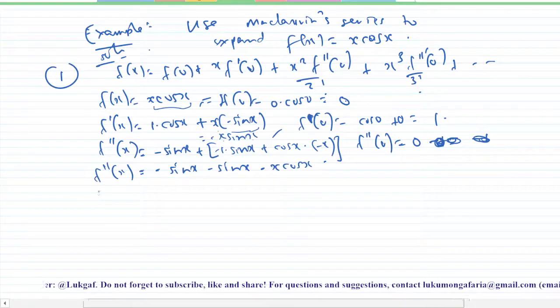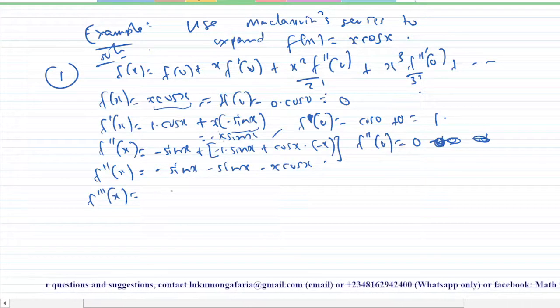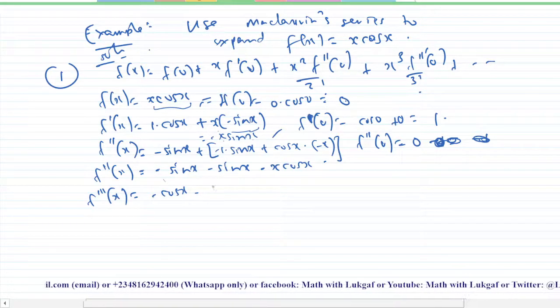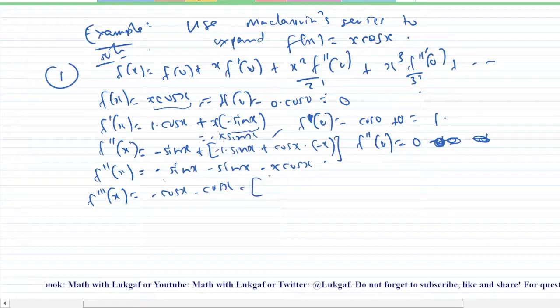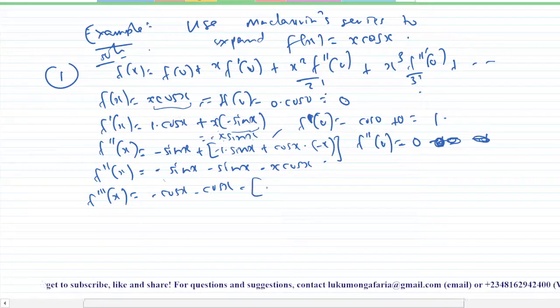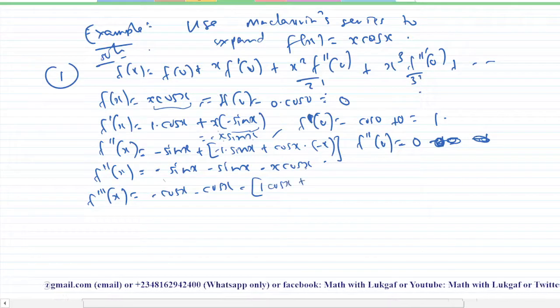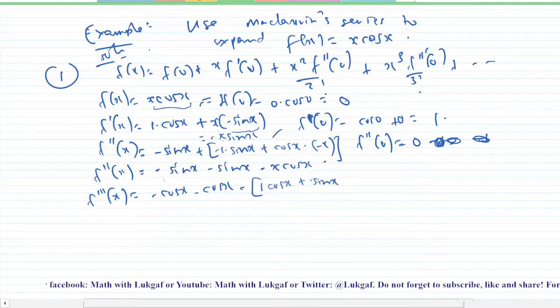Okay, let me find f triple prime of x again. You differentiate this. The derivative of minus sin x is minus cos x, minus cos x. Then if you differentiate this again, it is the product rule. So differentiate the first, that is 1, leave the second as it is, that is cos x, plus differentiating the second, that is sin x, leaving the first as it is, that is x.